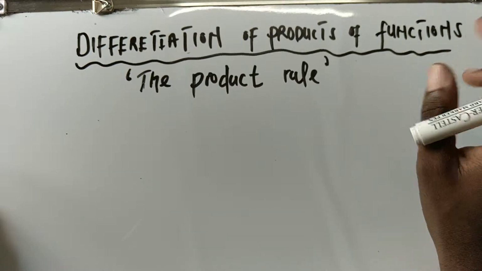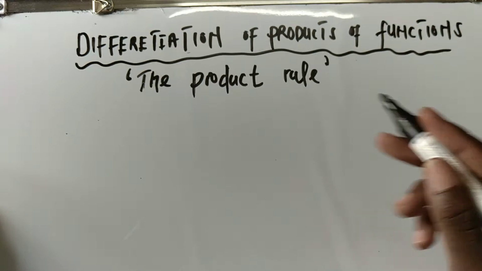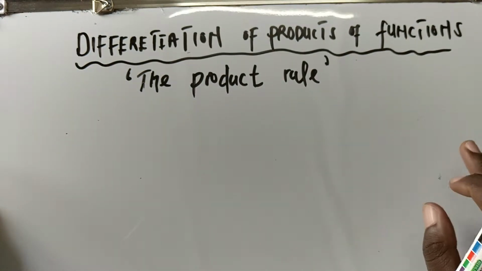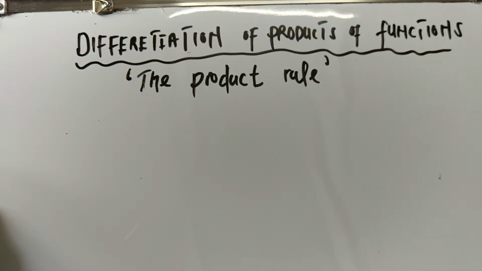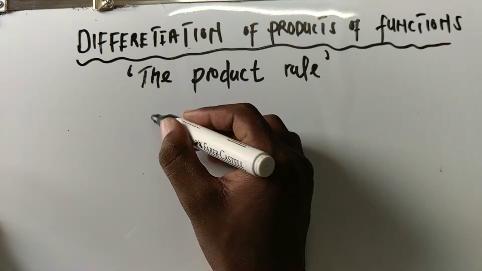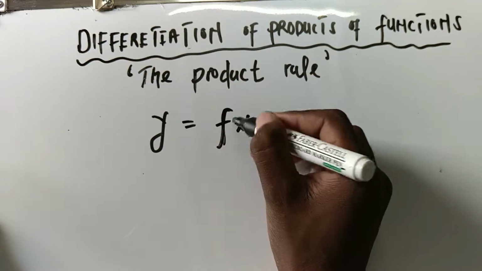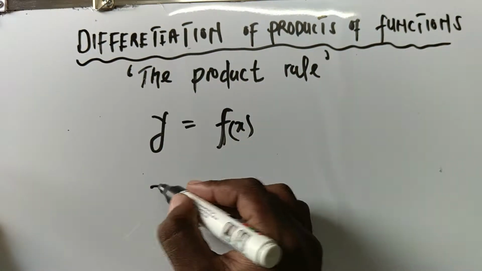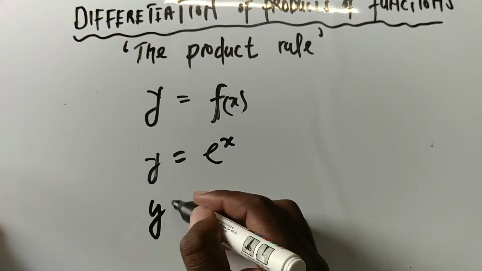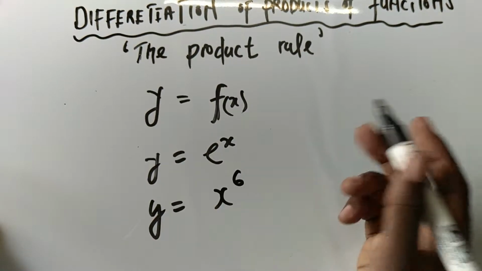The most important aspect is being able to identify whether the question can be approached using the product rule or not. If you recall from our previous videos, we had something like y, which was a function of x. For example, y could have been e raised to the power of x, y could have been x raised to some nth power, maybe power 6.